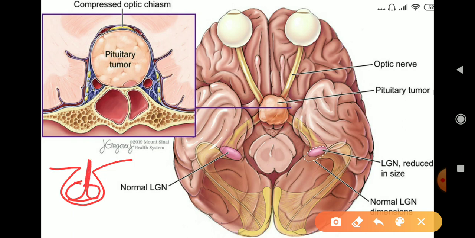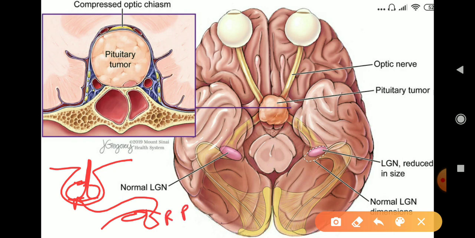During embryological development, the anterior lobe of the pituitary gland is formed from the upper surface, or the roof, of the oral cavity. Here a pouch forms, and then this pouch migrates and forms the anterior lobe of the pituitary gland. That is called the Rathke's pouch.